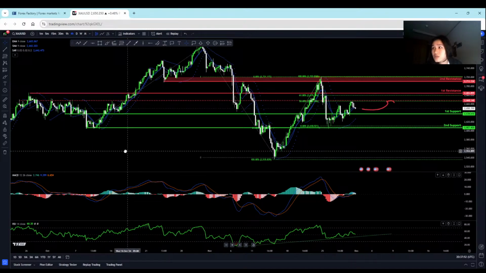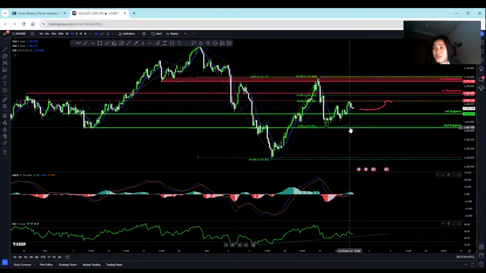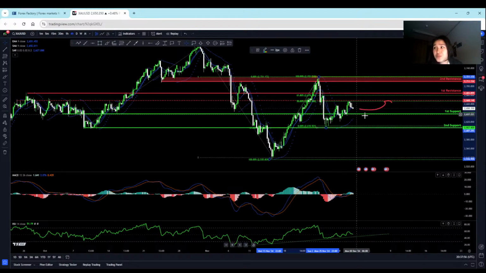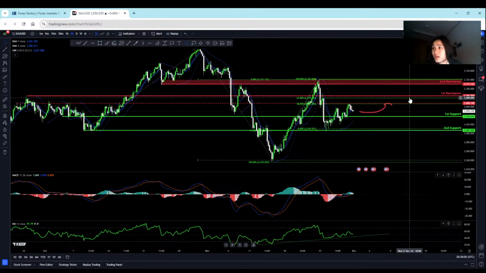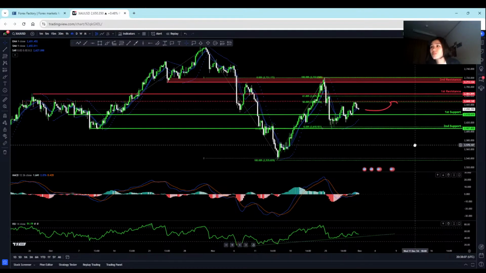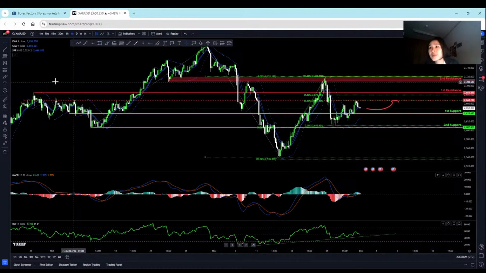Our second support, of course, is kind of a stop loss if prices break through our first support. And our first resistance, if you're trading on the 4-hour time frame, this is just where I would place it, again because price has tested this level quite a few times with a swing high here.